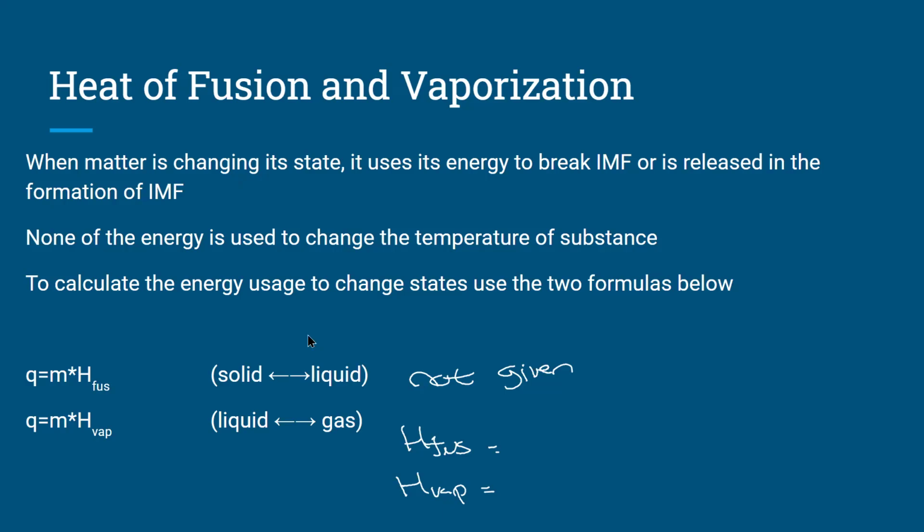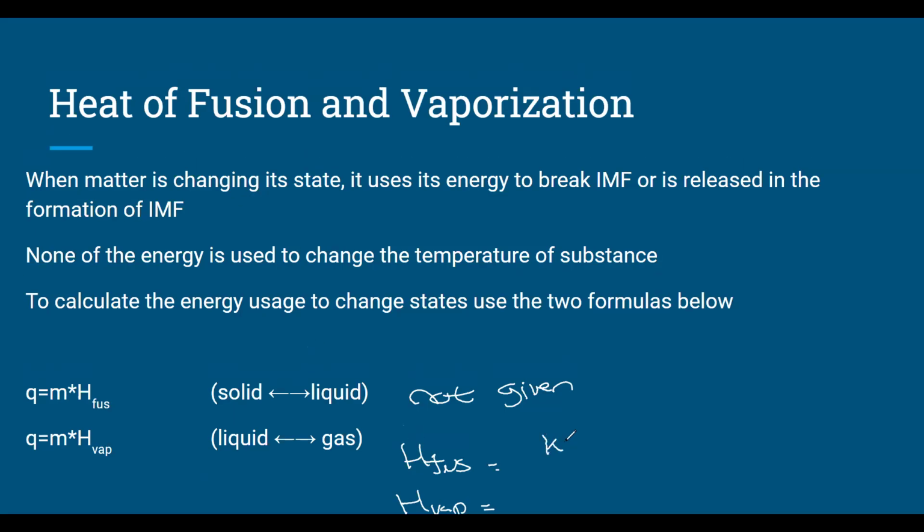So if ΔH fusion's units are kilojoules per mole, if you multiplied it by the number of moles, you'd be left with kilojoules. And that's the same idea as that formula right there. That's why they don't really give you the formula. But that's the idea.